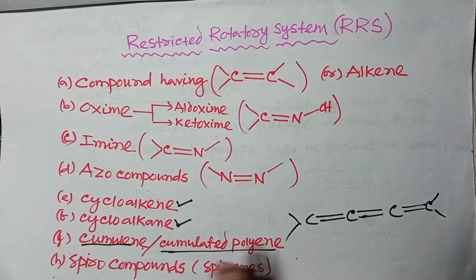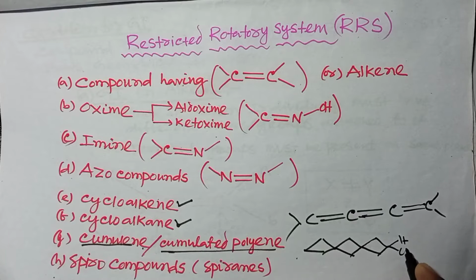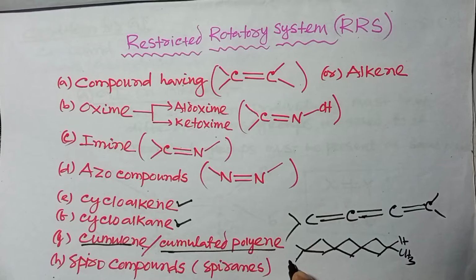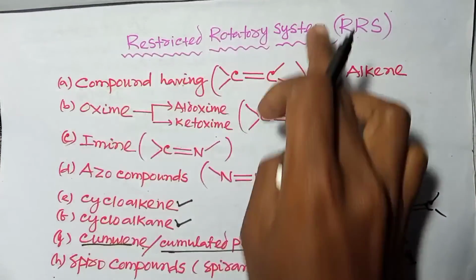This kind of compound is known as cumulene. And the last one is spiro compounds or spirans. Spirans means compounds of this format. So these are the systems which contain restricted rotation.